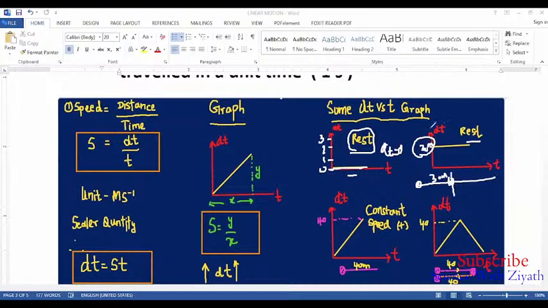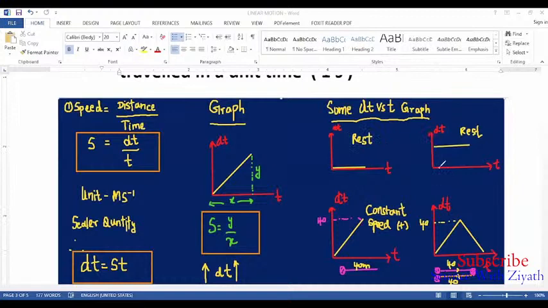Now it is also rest, because distance time axis graph மேல போகணும் or else கீழே வரணும் if you want to increase the distance. Look at this now, the distance time graph which is given. This is the graph which shows the constant speed.